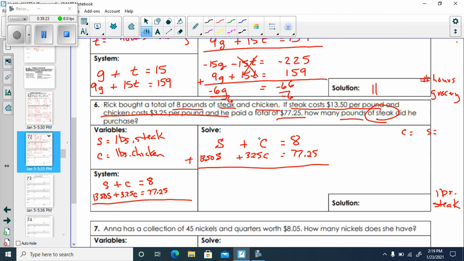Well, let's see. I know there's an understood 1 here. To get rid of this C, this needs to be negative 3.25, doesn't it? So if I multiply this 1 by negative 3.25, in other words, let's multiply everything here by negative 3.25. Let's make sure we can see that a little bit better. Multiply everything here by negative 3.25.